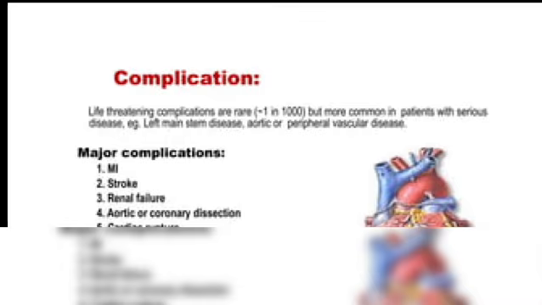Local anesthesia is administered to numb the area, and a thin catheter is inserted into the artery. Under X-ray guidance the catheter is advanced to the coronary artery, and the contrast dye is injected through this catheter, making the coronary artery visible on the X-ray images.